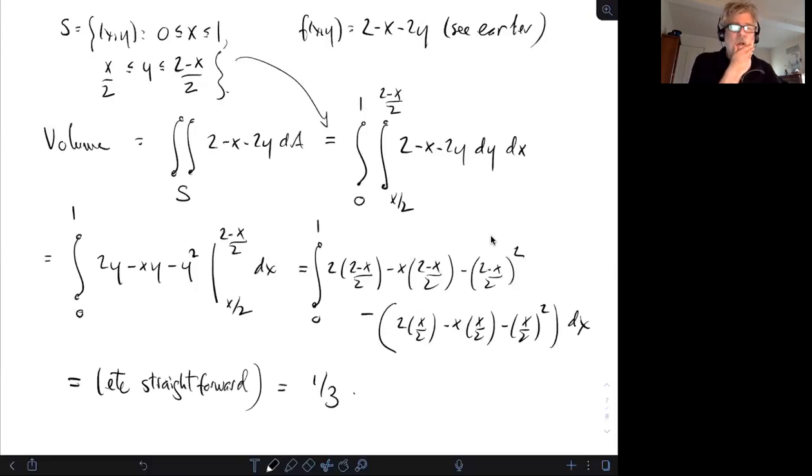Okay. So you have a volume to find. You need to find which function to integrate over which region. You may have to play around with things. As you saw, you have to mess around a little bit with equations of planes and whatnot. Express your region S as type 1 or type 2, and then compute the integral.